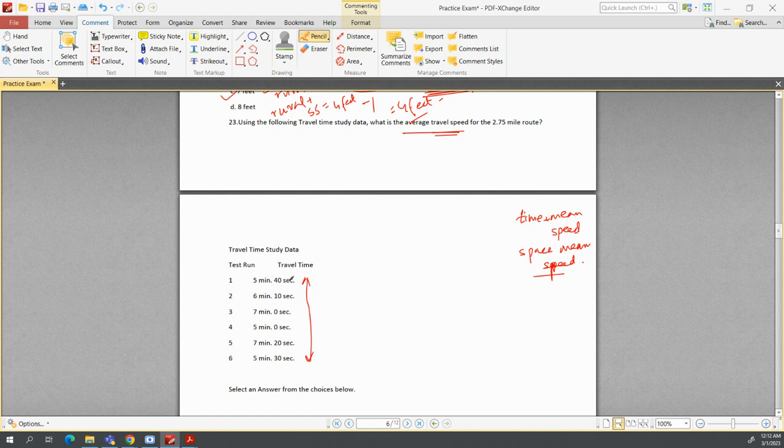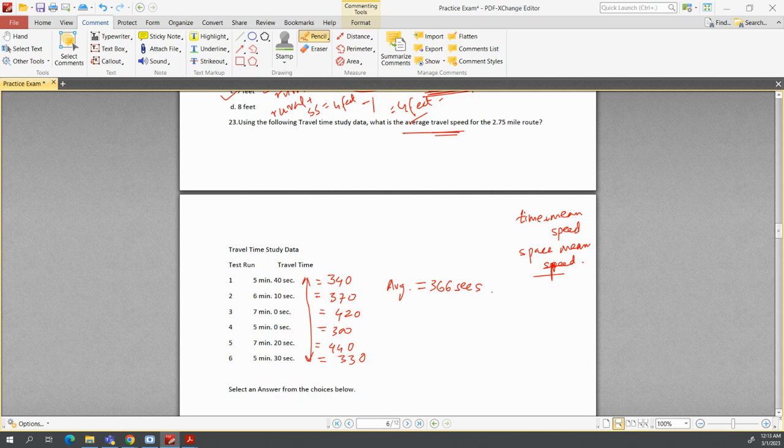So if they have given you the travel time, first you need to convert this into seconds, right? This is 340 seconds. This is 370. This is 420 seconds. This is 300 seconds. This is 440 seconds. This is 330 seconds. Now the average of all these terms will be 366 seconds.